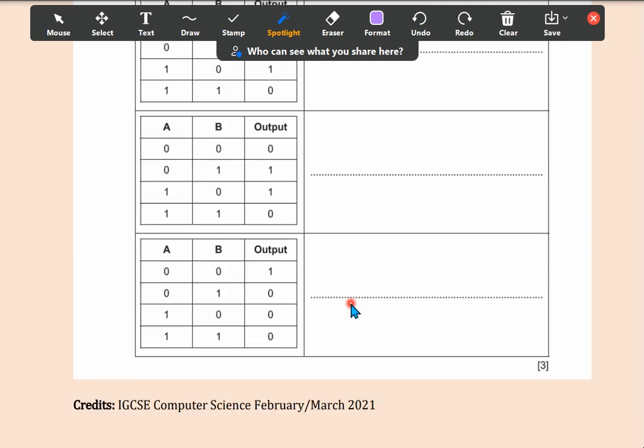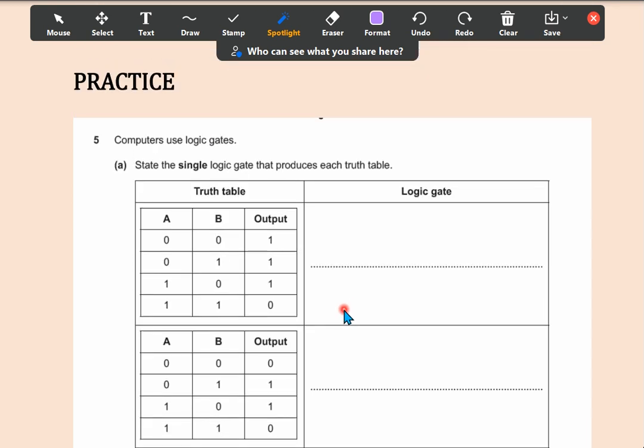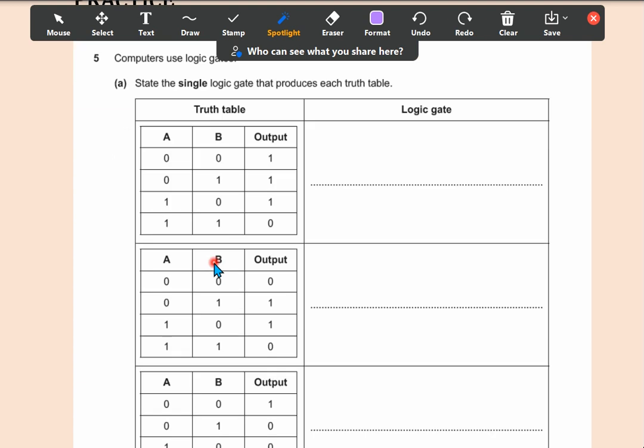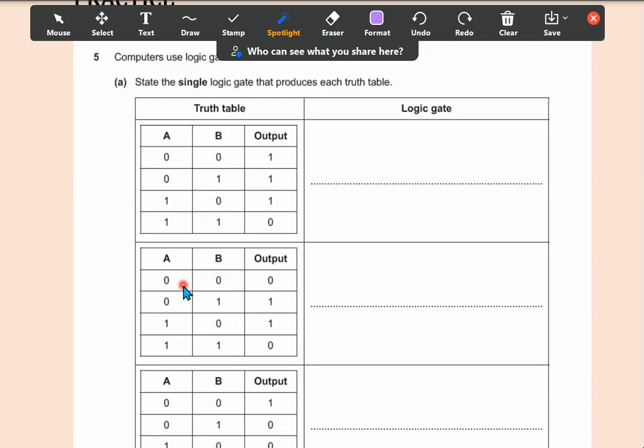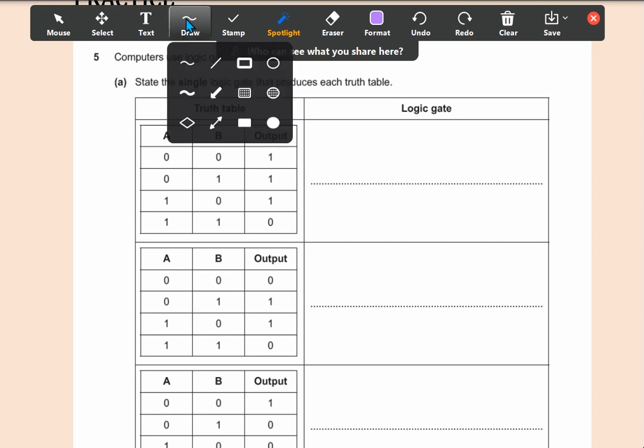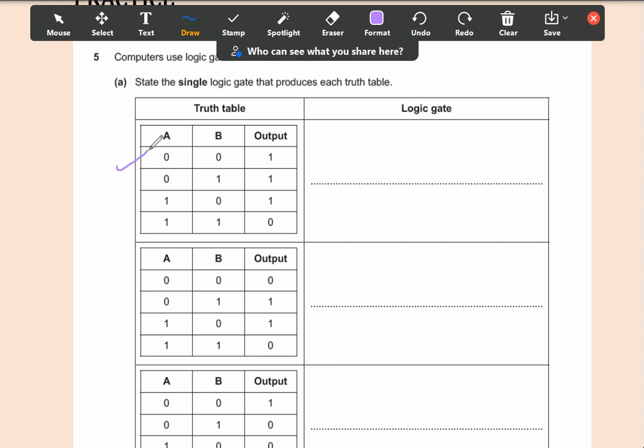So this is from question 5 of that test, and it says to state the single gate or logic gate that produces the truth table of the following. Okay, so the goal here is to be able to determine what kind of logic gate is applied in each of these truth tables. Okay, let's go for the first one.